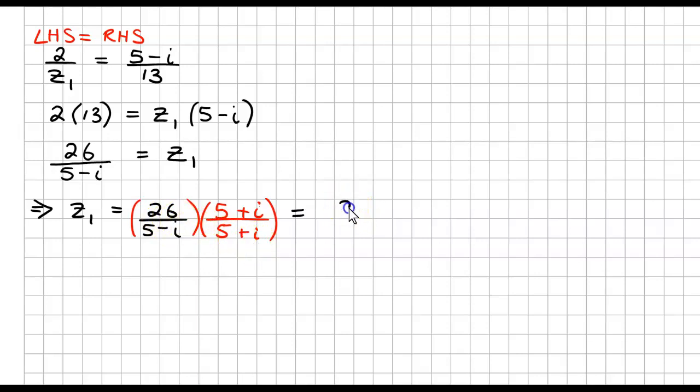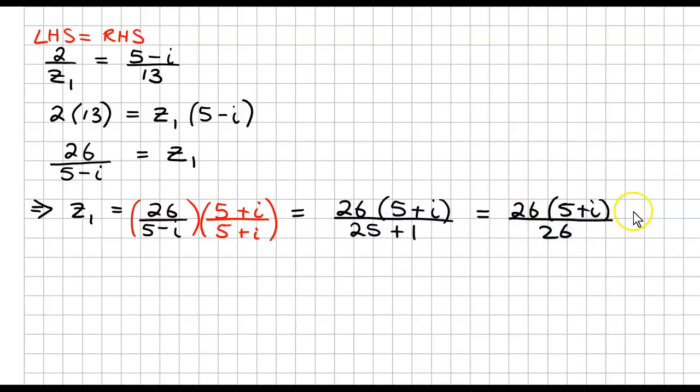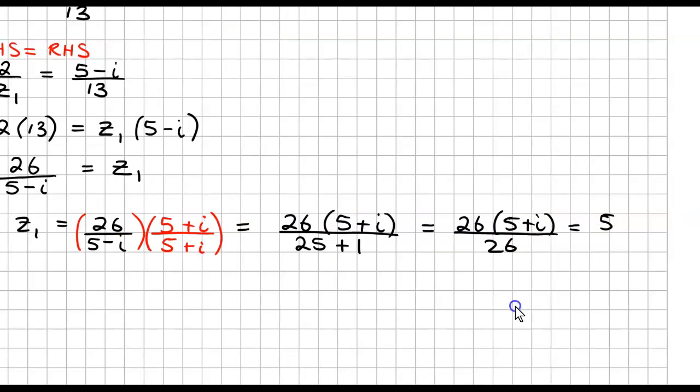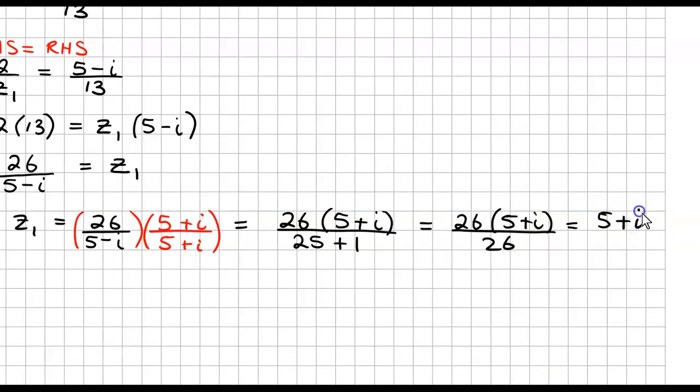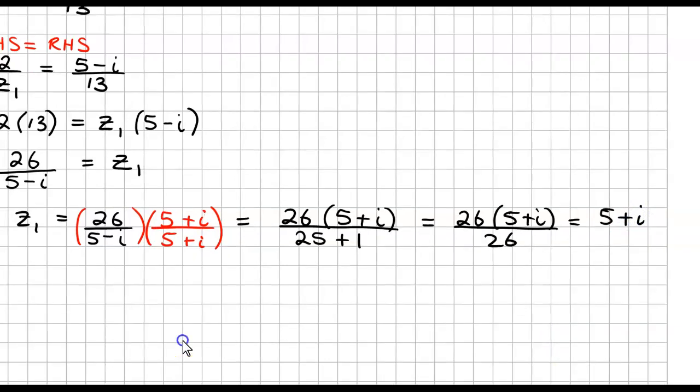If I leave that as 26 times 5 plus i, on the bottom, 5 squared is 25, plus 1 is 26. So I'll have 26 times 5 plus i over 26. That gives me 5 plus i as the answer for Z1.